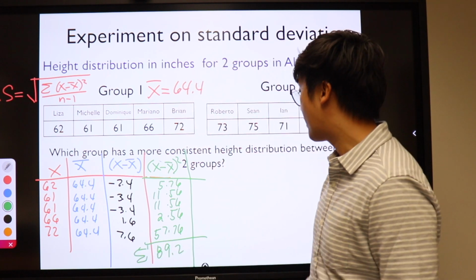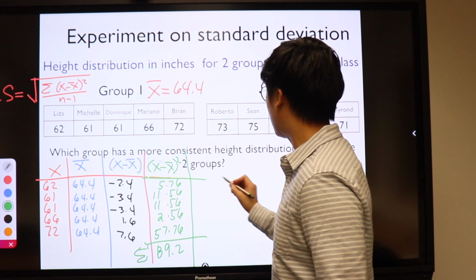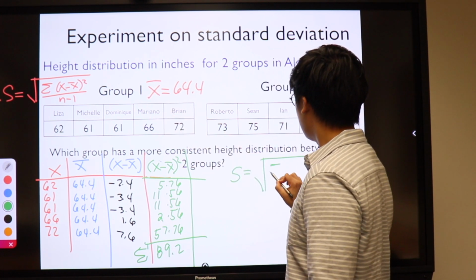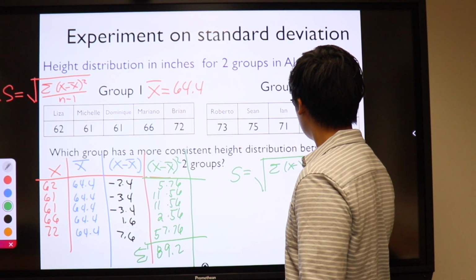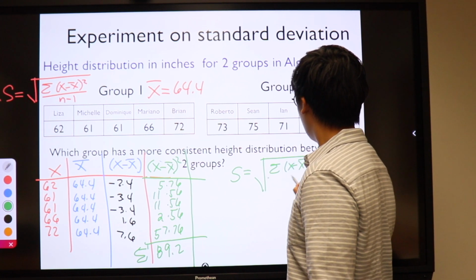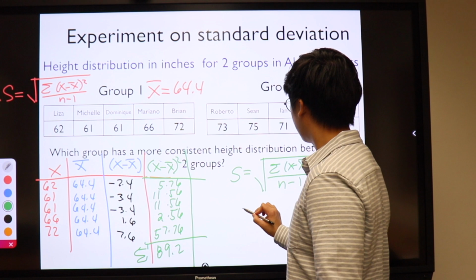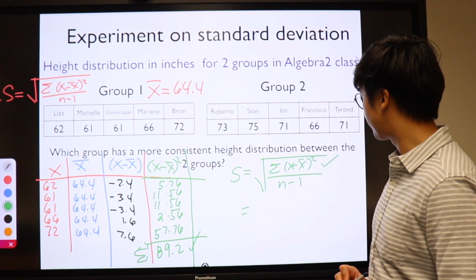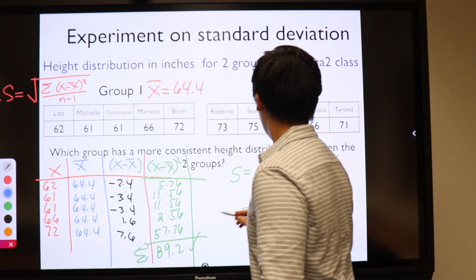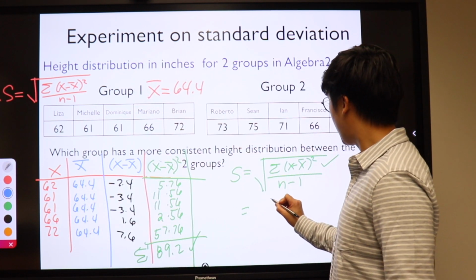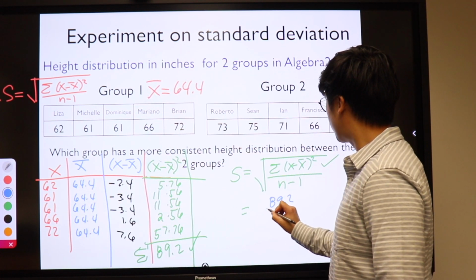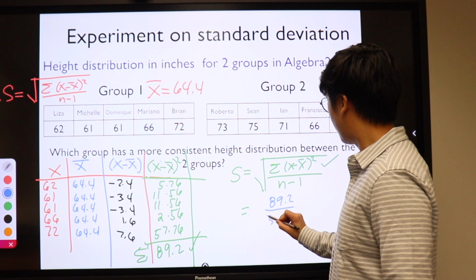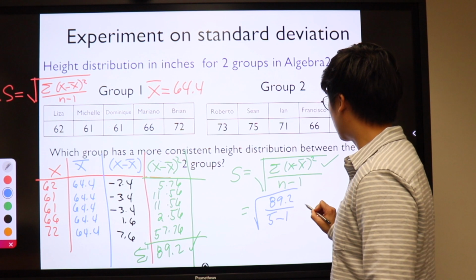Alright. So now that I have my 89.2, I'm going to use the formula for S, which is the square root of the sum of the squares over n minus 1. So I have 89.2 all over, what is n minus 1? 5 minus 1, and then take the square root of that.